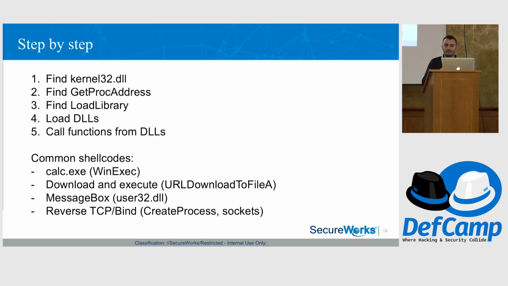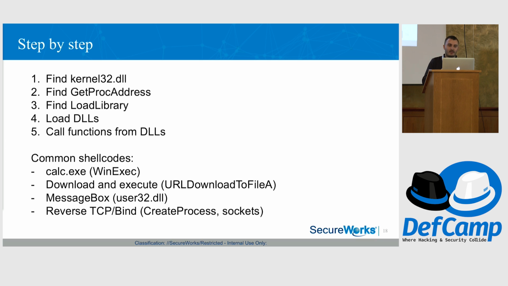The first one is the DLL address in memory, and the second one is the function name. So we can use those two functions in order to call any Windows API we want to call. What a shellcode on Windows will do is load the specific DLLs that it wants, and it will call specific functions from that DLL to reach its target.